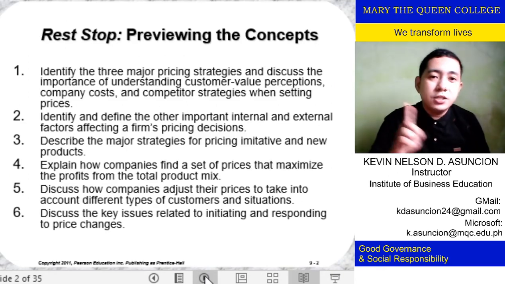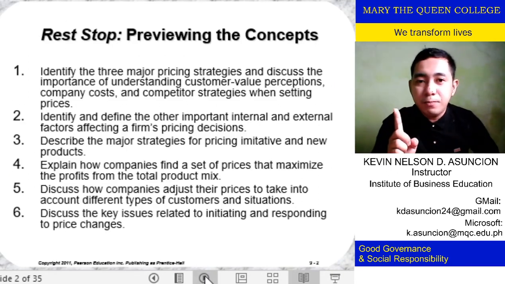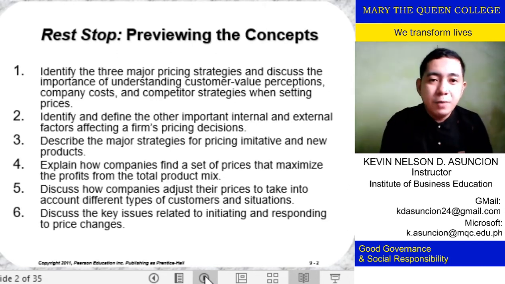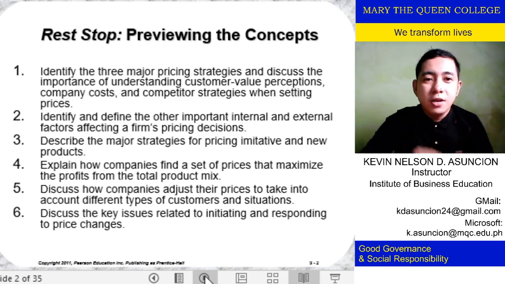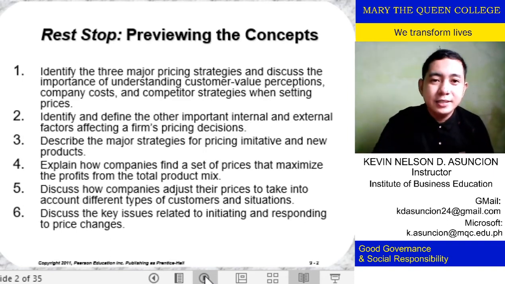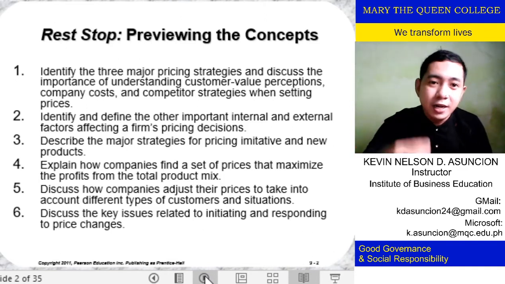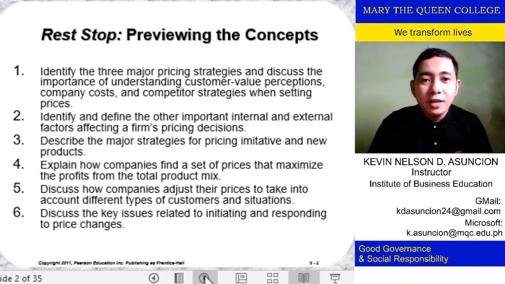Okay, so let's walk through our objectives for this session. First, you are able to identify three major pricing strategies, and discuss the importance of understanding customer value perceptions, company cost, and competitor strategies when setting prices. No? So there are factors that whenever you set price, hindi lang basta-basta lang yan. Number two, identify and define the other important internal and external factors affecting a firm's pricing decisions.